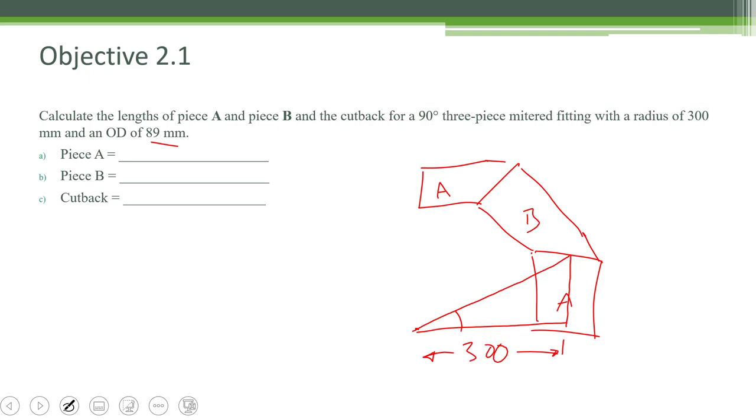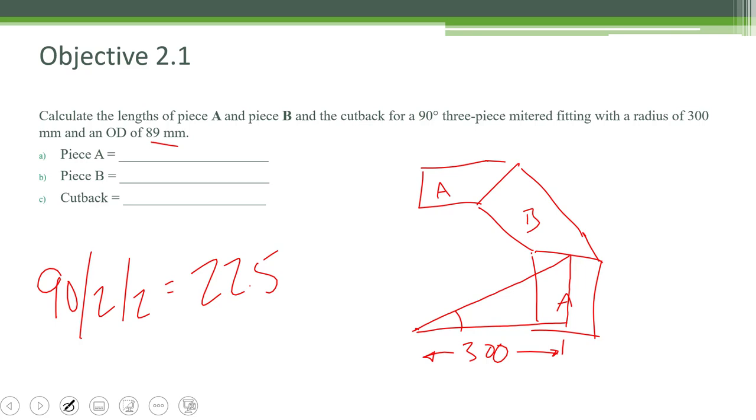Just like that. Okay, so how we do that is we're told that it's a 90. So again, I do this a little bit differently than your book, but I go 90 divided by the number of welds, which is 2, divided by 2. So 90 divided by 2 divided by 2. 22.5, so that's my miter angle, 22.5.